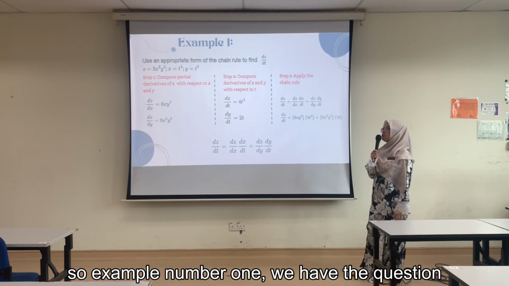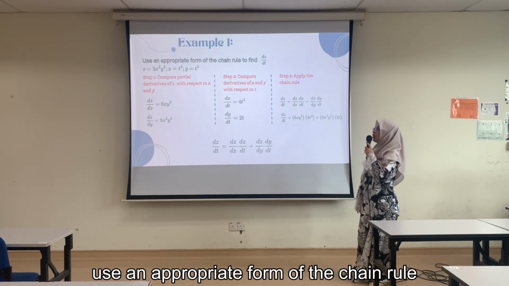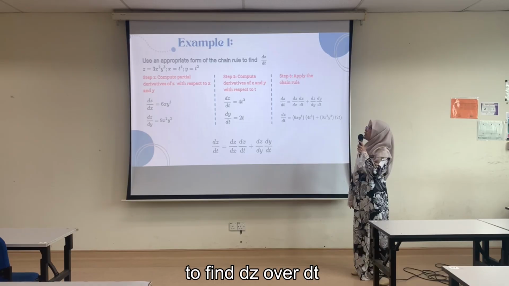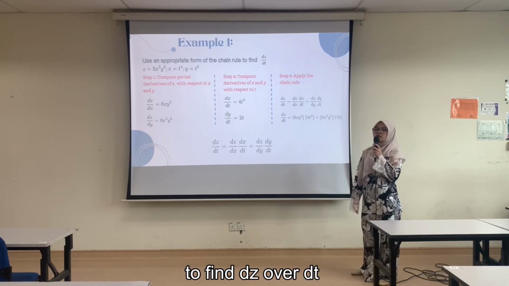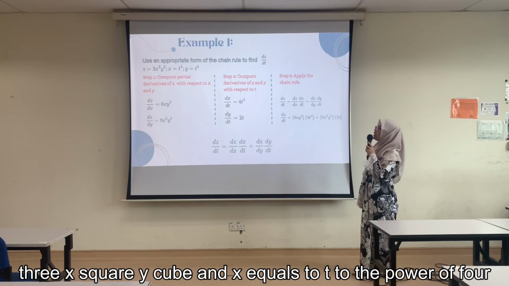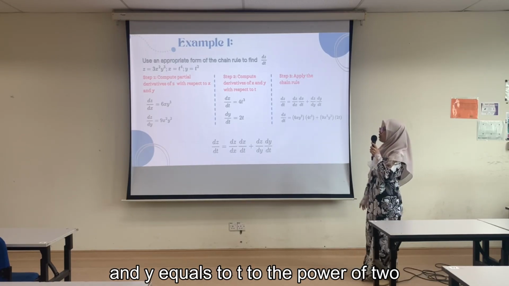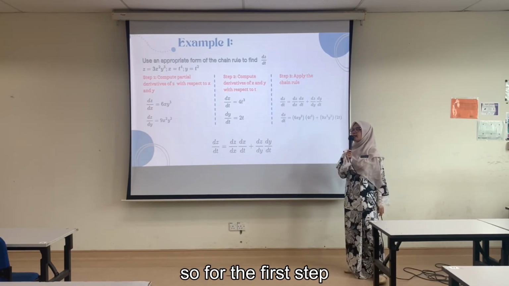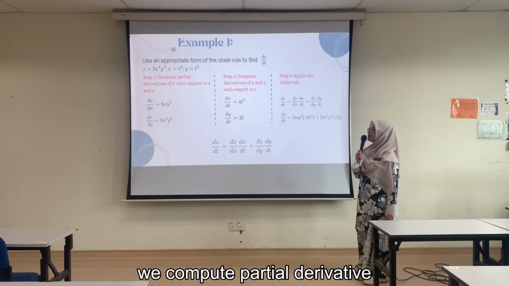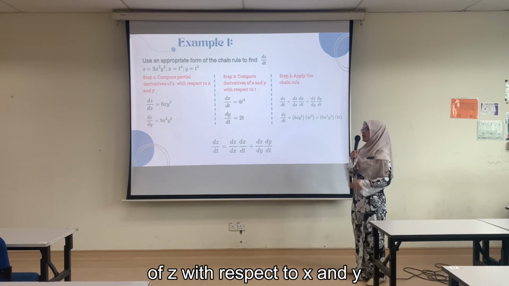So example number 1, we have the question: use an appropriate form of the chain rule to find dz/dt. We have z equals 3x squared y cubed and x equals t to the power of 4 and y equals t to the power of 2. For the first step, we compute partial derivative of z with respect to x and y.